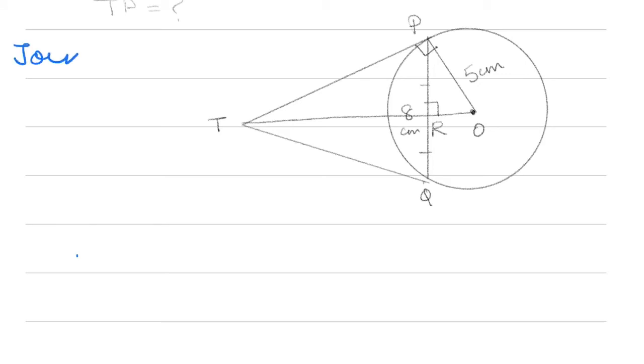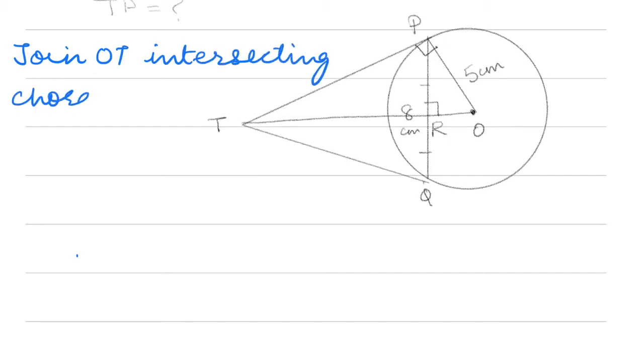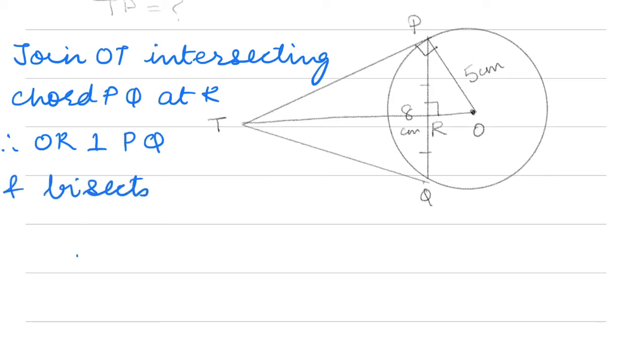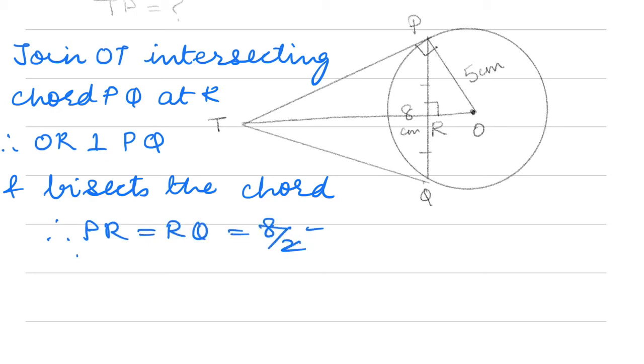So join OT intersecting chord PQ at R. Therefore OR is perpendicular to PQ and bisects the chord. Therefore, PR is equal to RQ is equal to 8 by 2. So this is equal to 4 centimeter.